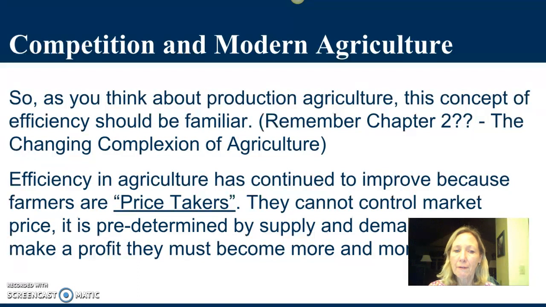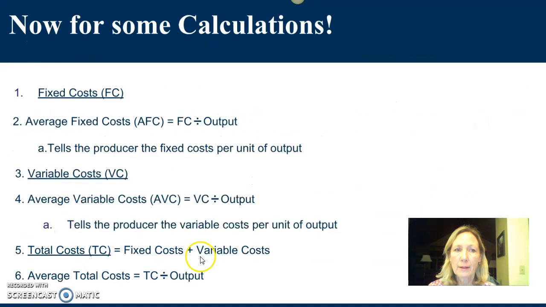That has to do with the fact that farmers are price takers. Their market price is determined by supply and demand. It's predetermined. If you don't want to be a price taker, you have the option of creating a new product. But in general, this chapter focuses on farmers being price takers. So the only way to make greater profit is to become more efficient, which means cutting your variable costs.